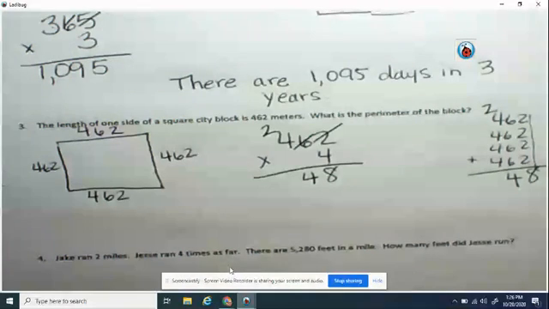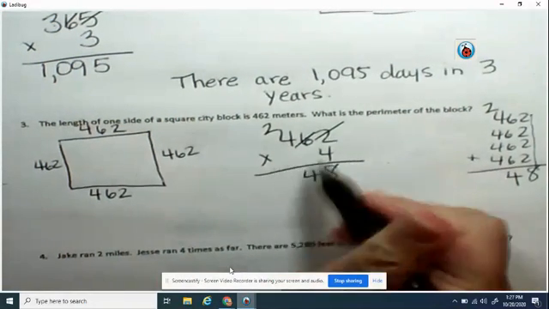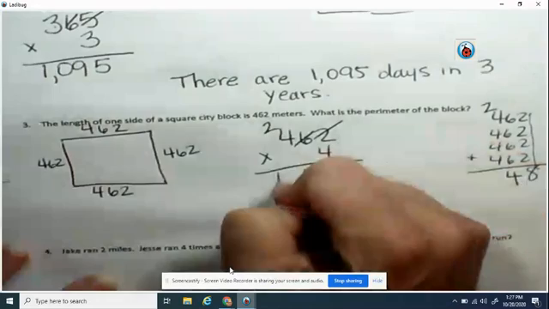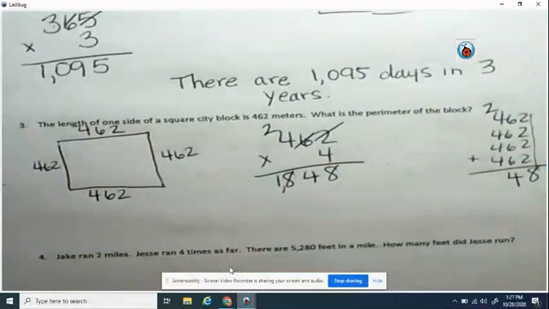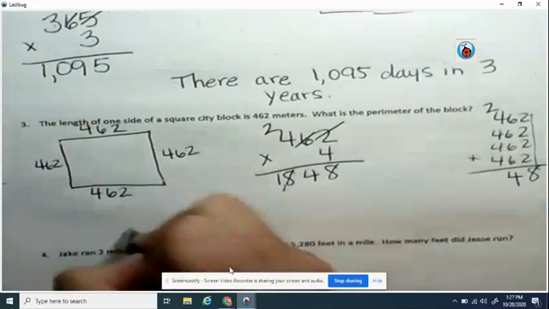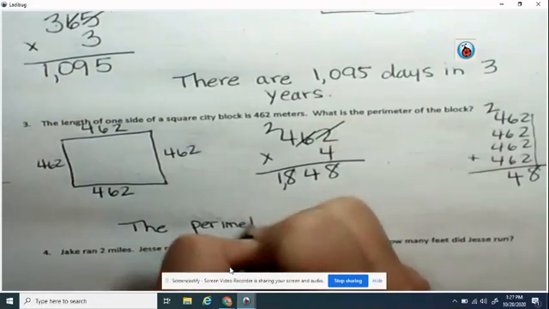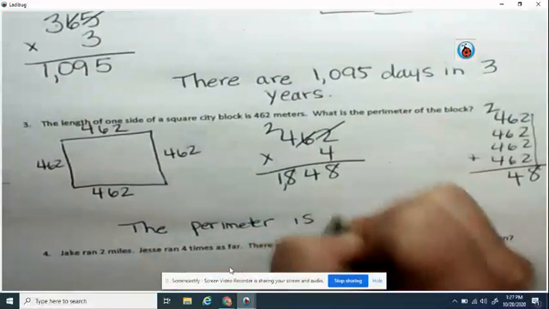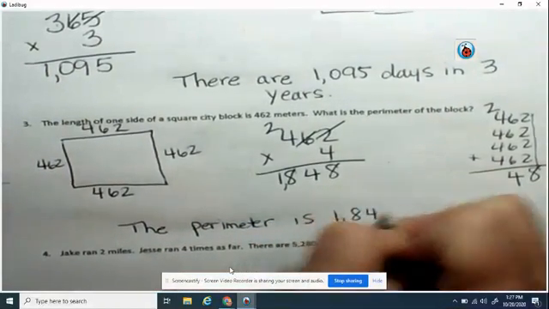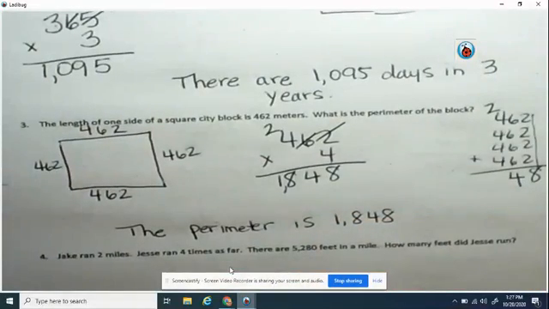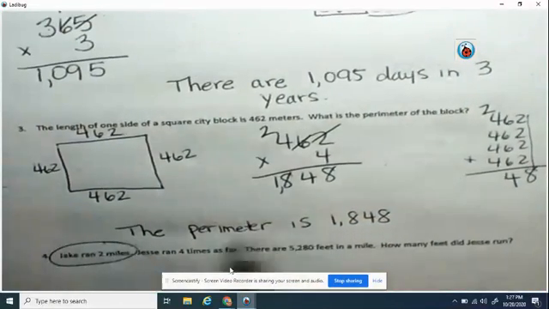See how they match? 4 times 4 is 16, 17, 18. So I've got 1,848. Okay, so the perimeter is 1,848.